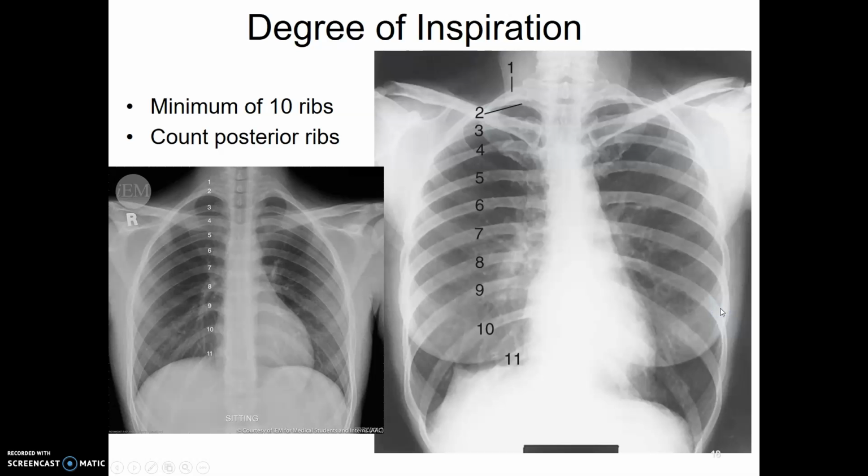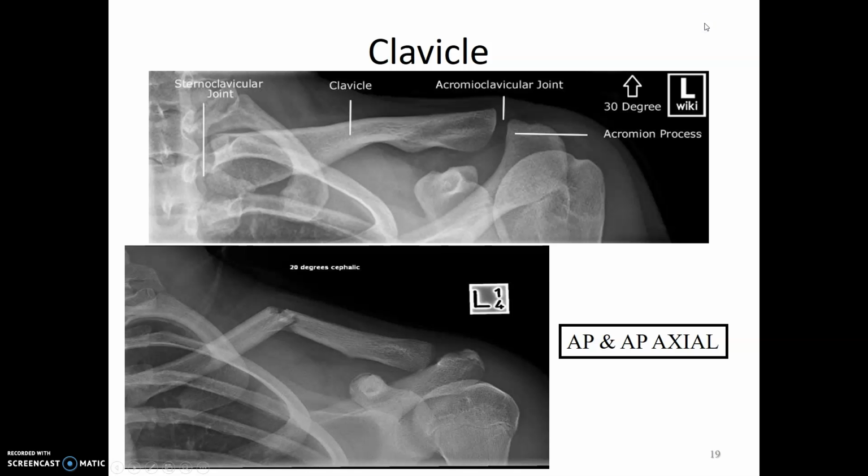And then again, just a reminder, you guys already know this from chest x-ray, but how to determine your degree of inspiration. Did the patient take a good deep breath in? How do you know? Ideally, you count at least 10 ribs, the posterior ribs here that are going more horizontally. The anterior ribs come at this angle here across, so the flatter one, the posterior ribs. And I'm going to stop there and come back to clavicle.